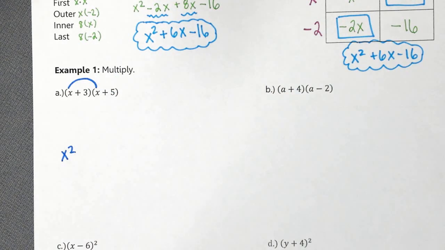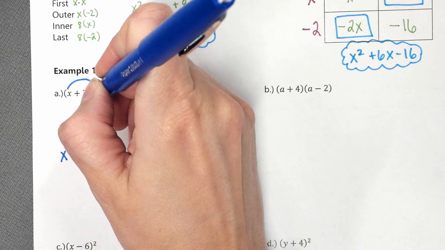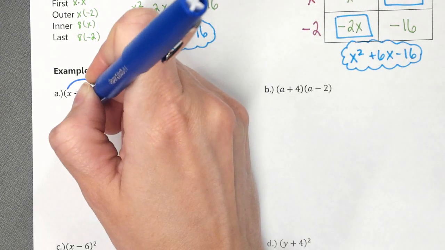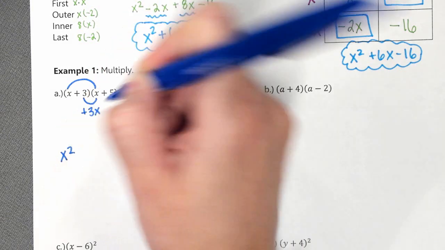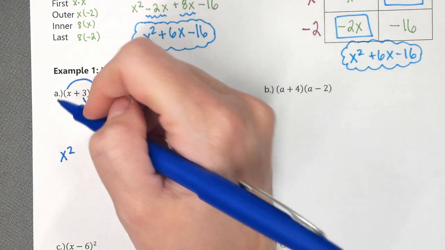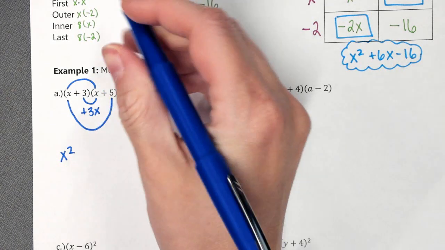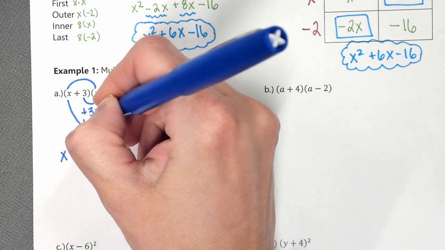Give yourself some space here. Now this is how I like to do the inside term and the outside term. So I know I have to multiply these two together, and 3 times x is going to be positive 3x. So I like to write it there. And then this is x times 5. That's a positive 5x.